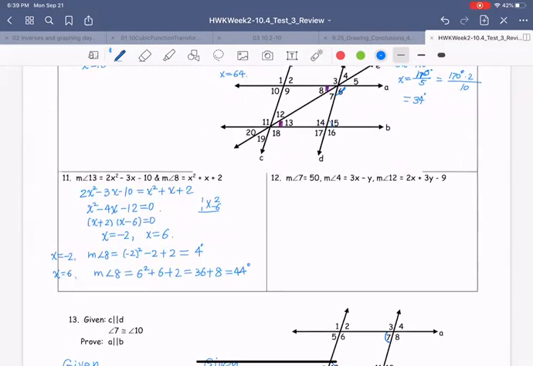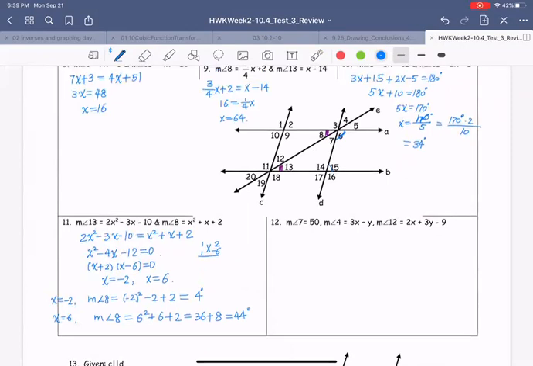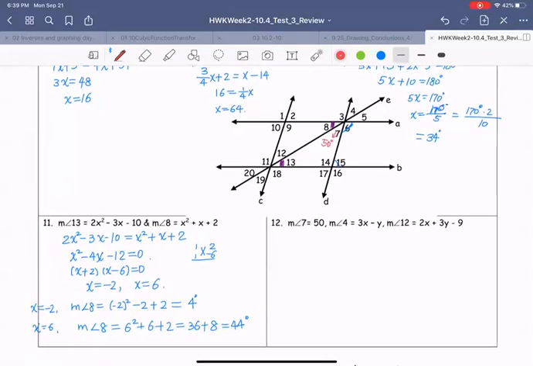All right. Number 12. This time, angle 7 is 50 degrees. 3x minus y equals 50. Good. Then move y over, move 50 over, so 3x minus 50 equals y.